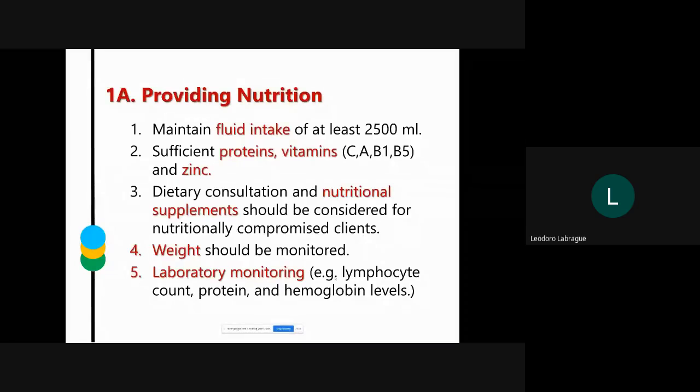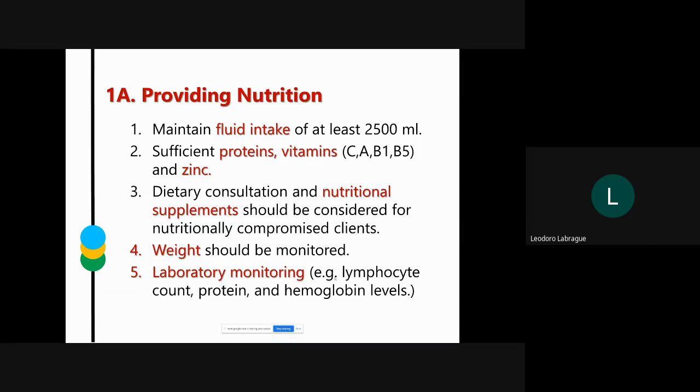Proteins are for muscle repair. Vitamins and zinc are very important to improve the immune system and prevent wound infection. For patients who are compromised, who are very, very sick, we give additional nutritional supplements.